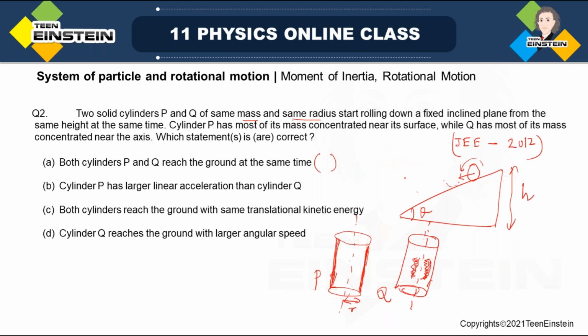So from the conservation of energy, if we consider, then we'll see that the linear acceleration of the object is given by a is equal to, in the general case, g sine theta divided by 1 plus I divided by m r square.